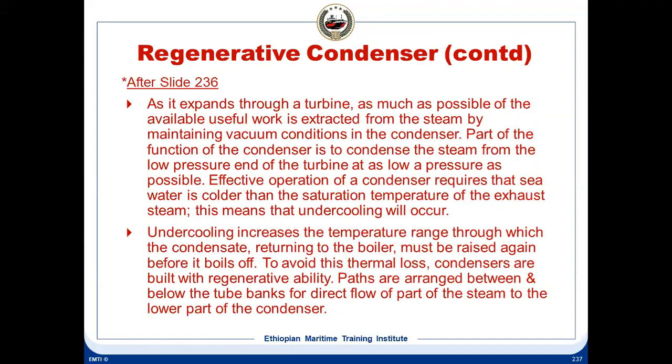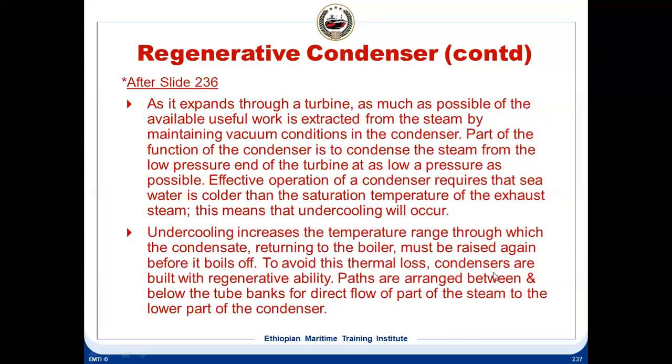This is exactly what we talked about. So if the condensate, after going back to the boiler, has to be raised again through that temperature range, that means we have to use that much more fuel again, which is a waste of energy, and for the ship owner, a waste of money.